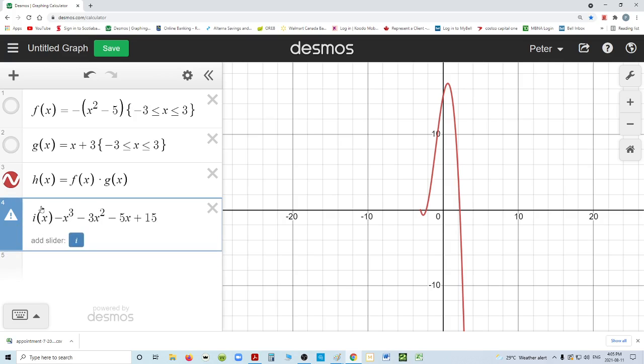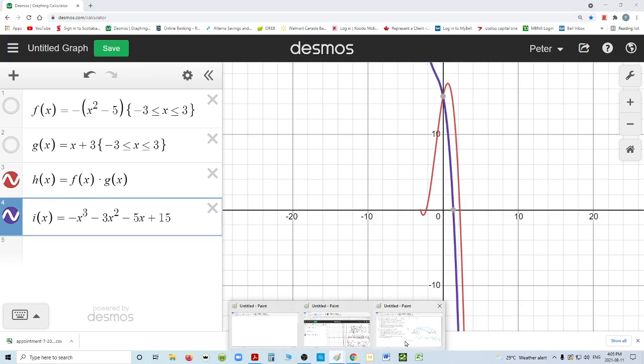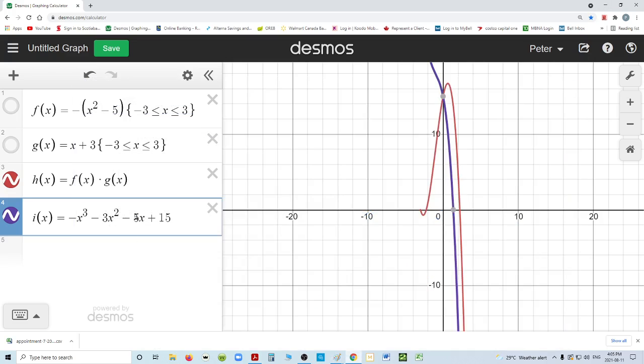What did I get? Oh, I didn't have the equals in there. I don't think I got the right thing. It's x cubed minus 3x squared plus 5x, not minus 5x. And there you go. My purple and my red line match perfectly.